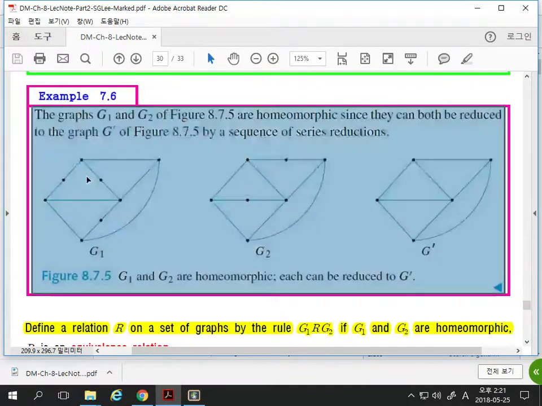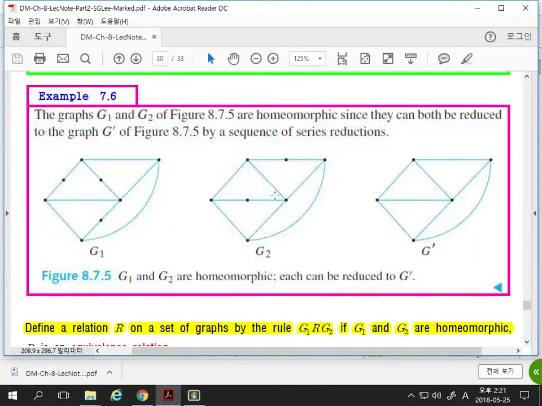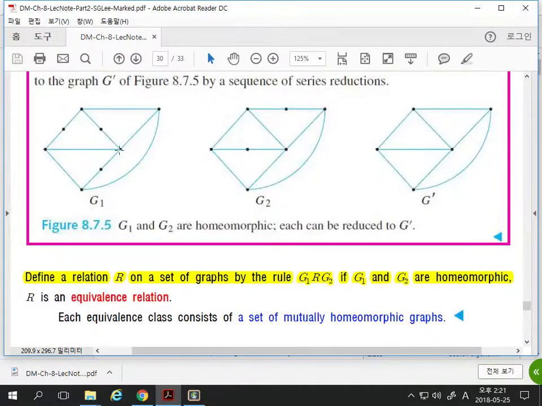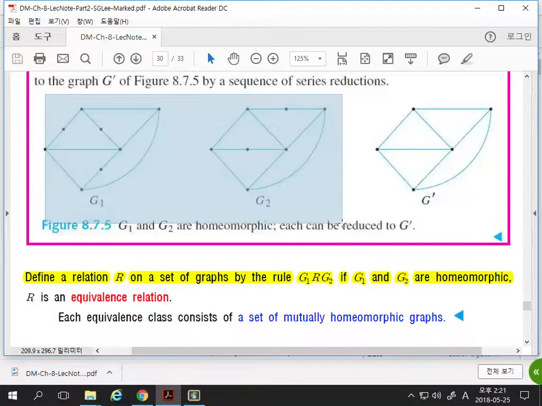Then this can be reduced to this, and this graph can be reduced to this one. What we can tell is that with the series reduction, this can be made this and this can be this. This means these two graphs are homeomorphic. They are not isomorphic because the number of vertices is different, but these are homeomorphic.